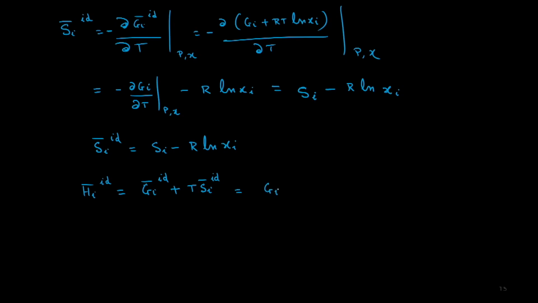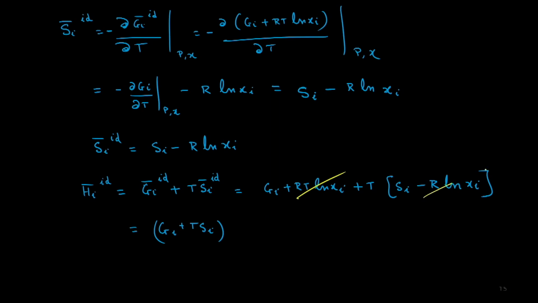So that is Gi plus RT ln xi plus T times Si minus R ln xi. So that will be Gi plus TSi. That's for the pure species, and the other two terms cancel out. So that quantity will then be equal to Hi. So Hi bar id is same as Hi.